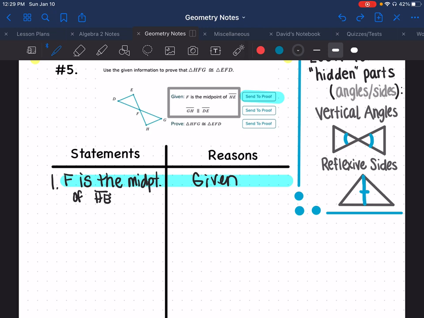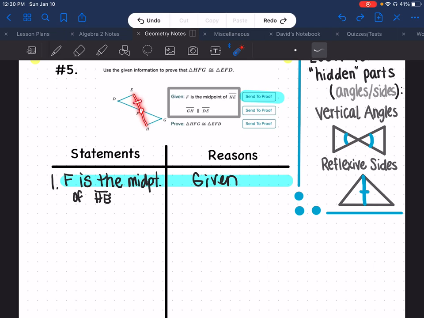Okay, now because I know that this point is in the middle of this line, that means I know that this part is the same length as this part. It has to be. Think about it. If this whole line is 10 and this is right in the middle, it would be at 5 and 5.